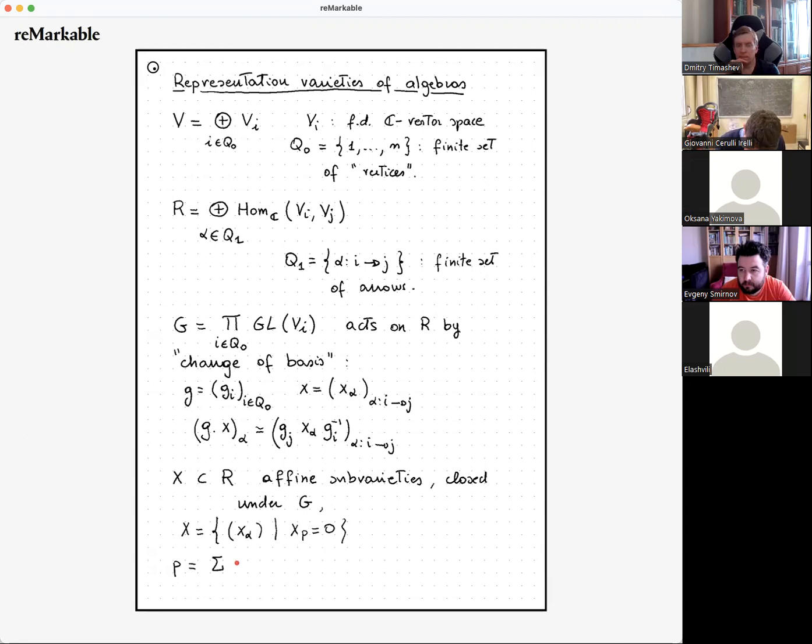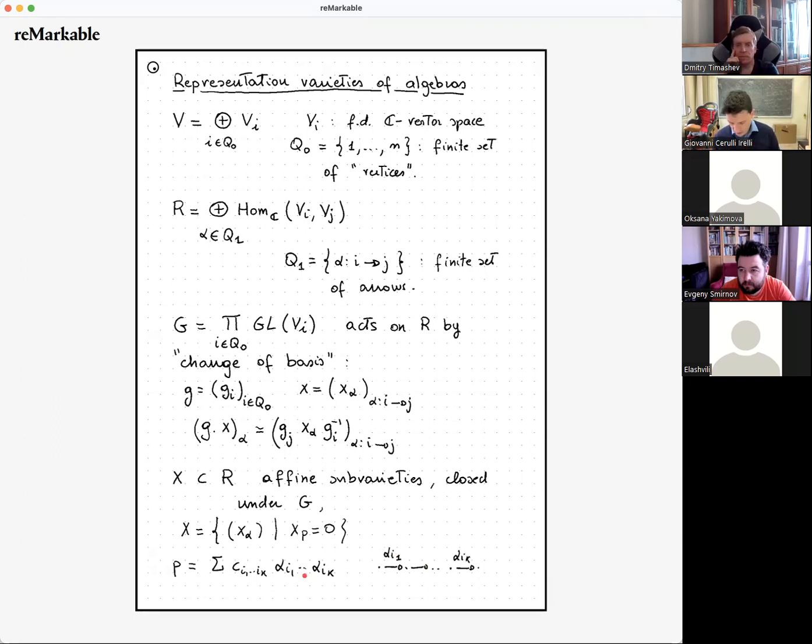So something like C I1 ... IK, alpha I1 ... alpha IK, and then I want that these arrows are compatible, so these are composable.